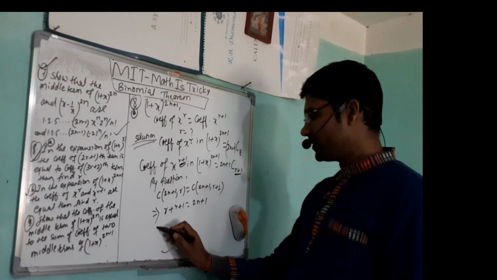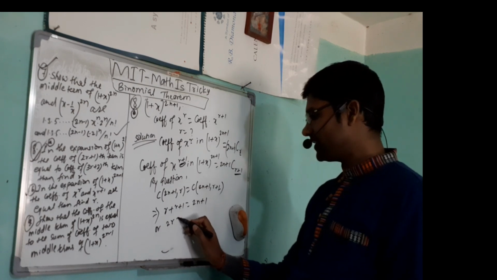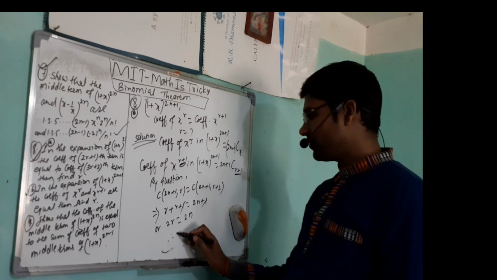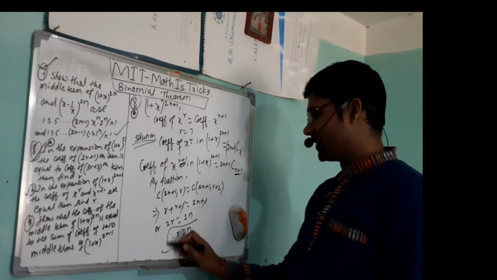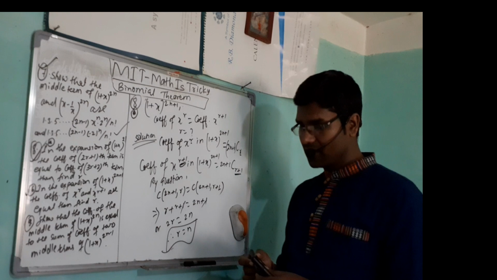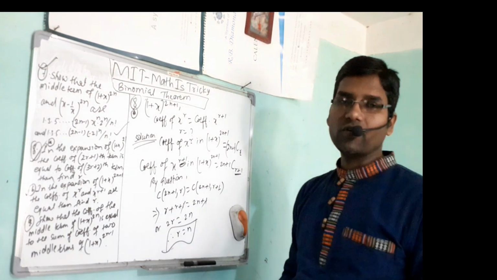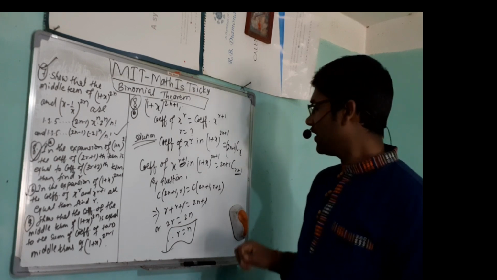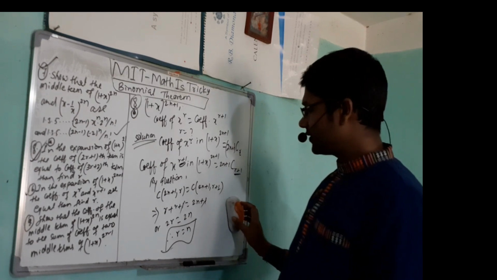So 2r equals 1 plus 2n minus 1, and it means the value of r is equal to n. In this case, n and r will be the same. This is the solution.